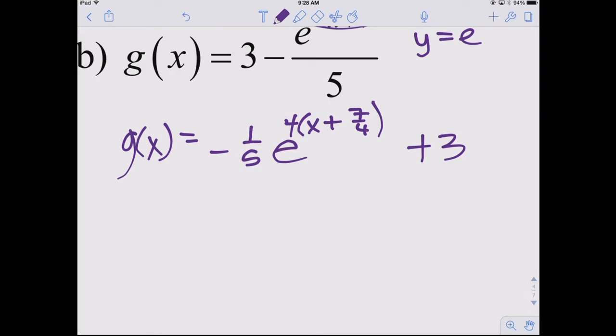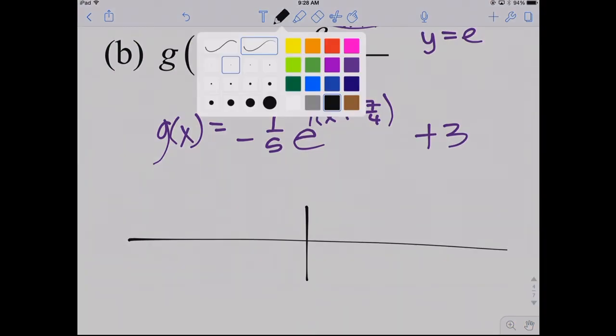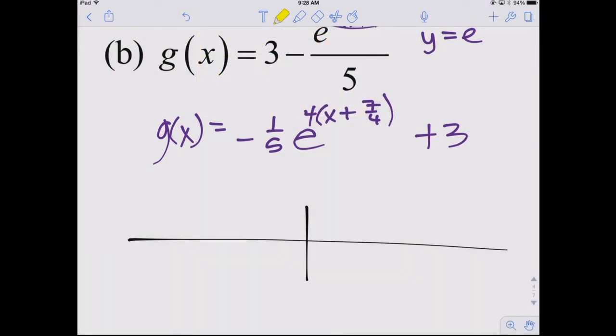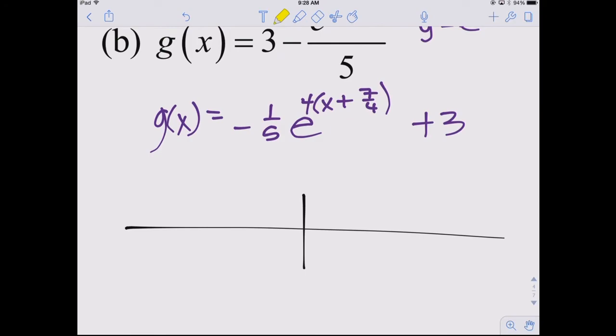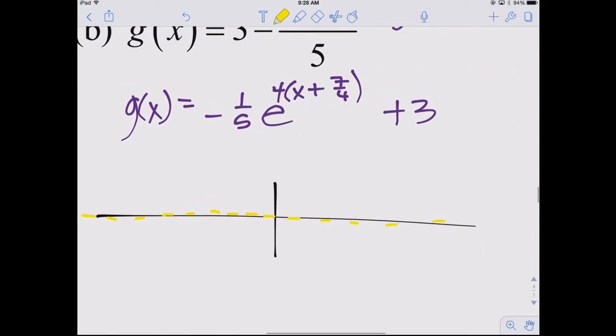Got it. Good. Now, of the 4 and the 1/5, the only one we need to show on the graph is really the negative, right? The negative, because that's going to be a reflection across the what again? I forgot. X-axis. Okay. So let's draw our parent function. E to the x has what type of asymptote? Horizontal. And remember, it's monotonic increasing, so it looks like this, passing through 0, 1.